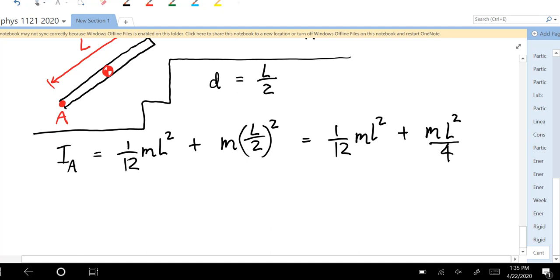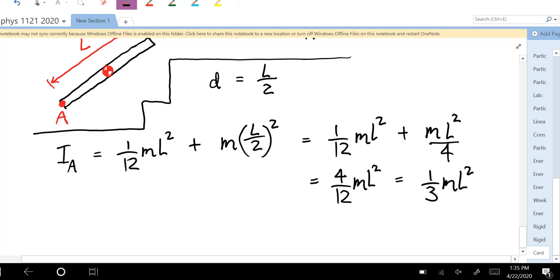And now we can get a common denominator. M L squared over 4 is 3 M L squared over 12. And so all this comes out to be 3/12 plus 1/12, so 4/12 M L squared. And now you can reduce that and you get 1/3 M L squared.